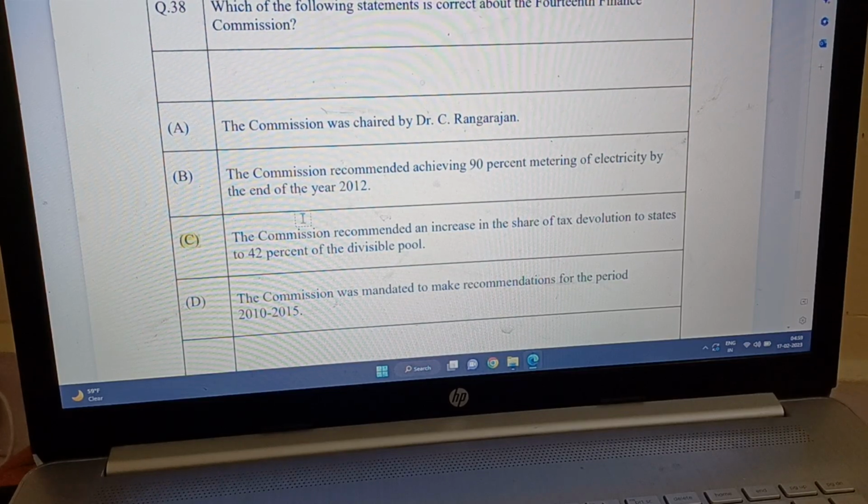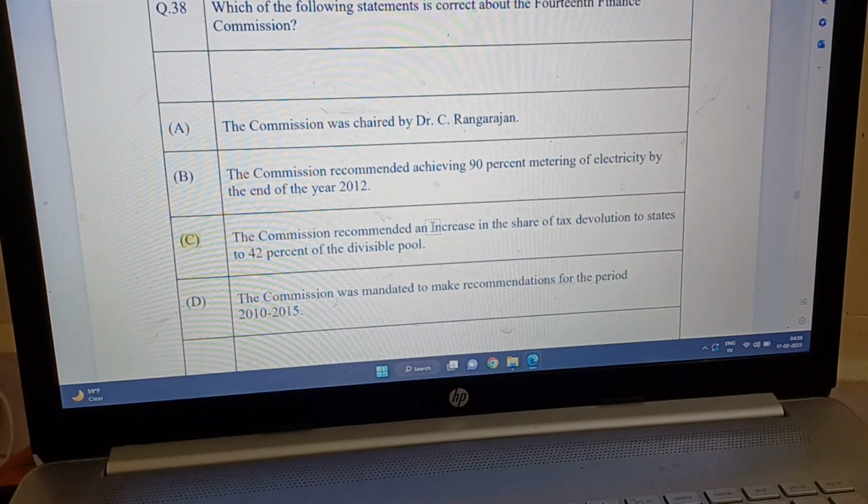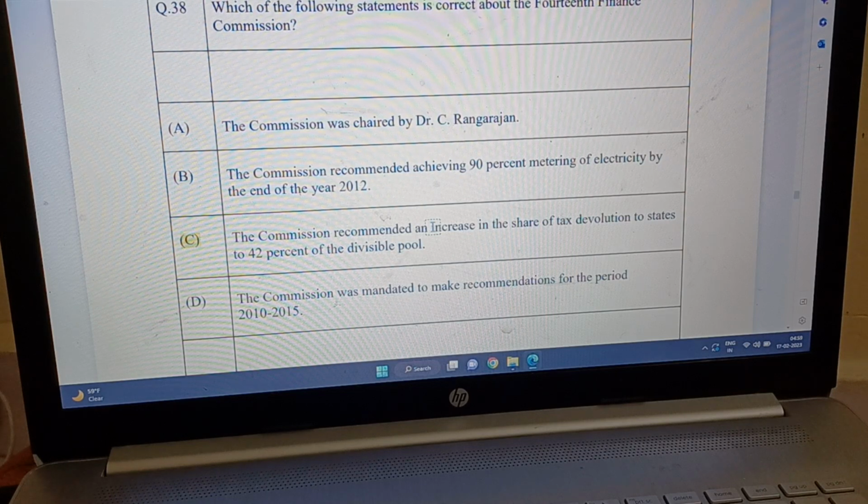And C, the commission recommended an increase in the share of tax devolution to states to 42% of the divisible pool. So that is what the work of a finance commission is. It is meant for center-state financial relations and how much tax collected should be returned to the states as per law.